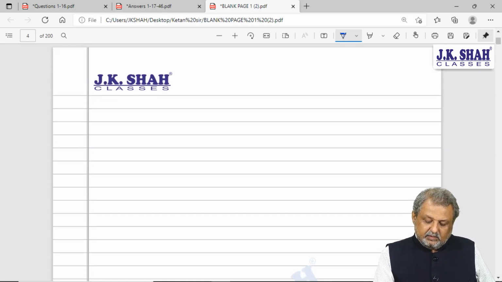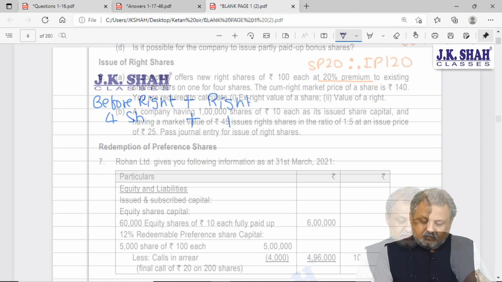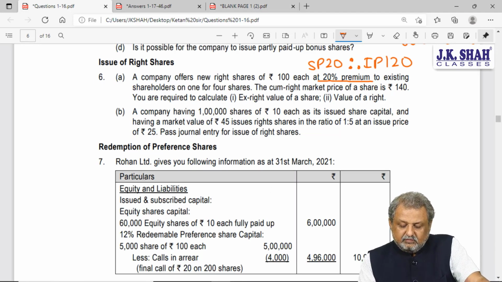So I am just writing by way of some logic. I am writing, say, before rights, 4 shares, then they are offering rights. 1-for-4 basis means if you are having 4, they will give you 1. The cum-right market price of the share is 140.